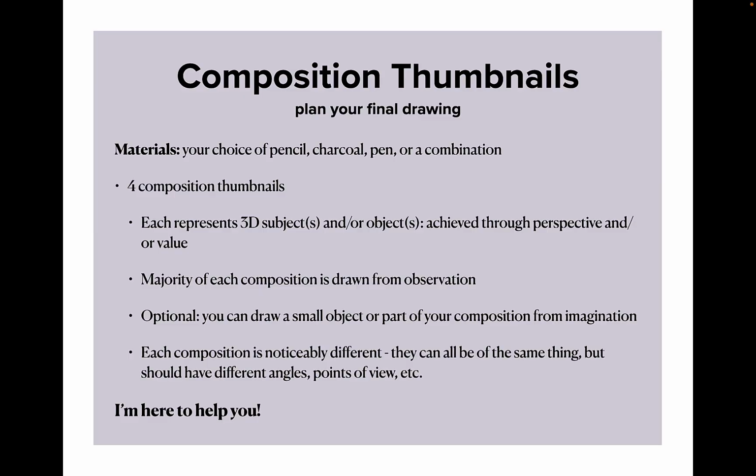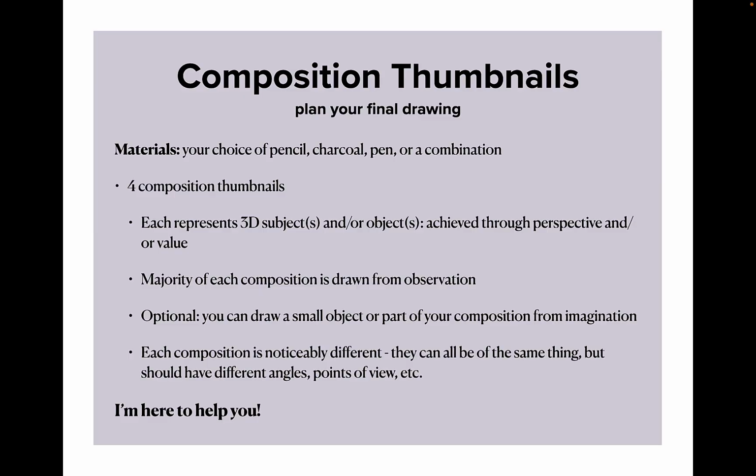Since these are composition thumbnails, you don't have to do a lot of shading or anything like that. Just show how you're going to represent the 3D subject or object, how you're going to represent it being 3D, whether that's through linear perspective, atmospheric perspective, or shading the way we did with an object in the still life.